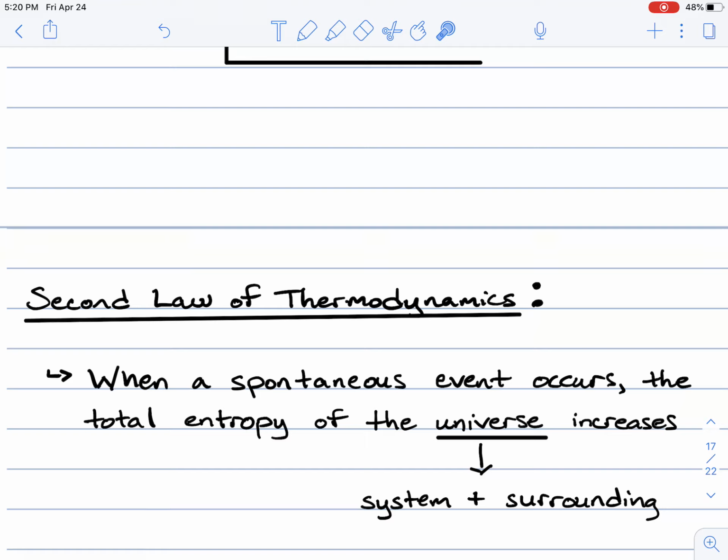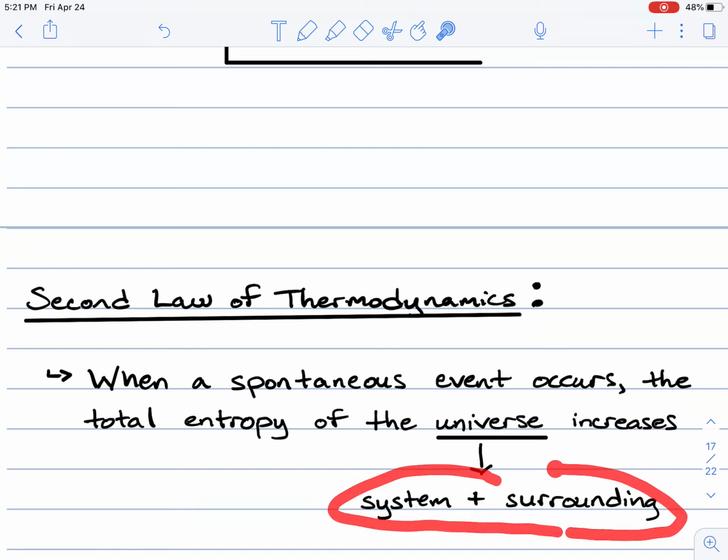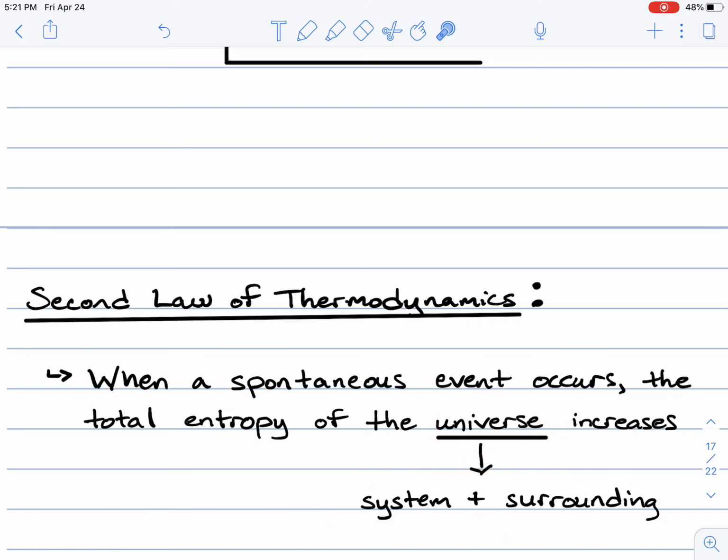The system that we're always studying in chemistry is a chemical reaction, and the surrounding is just the immediate surrounding around that chemical reaction. The combination of these two describes the universe for that subject.